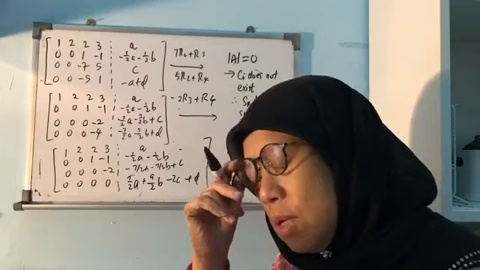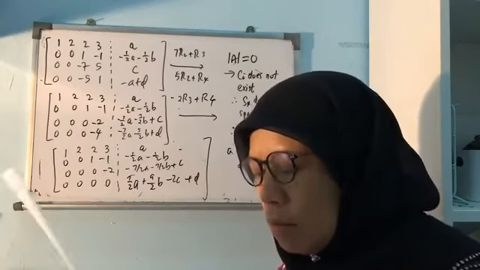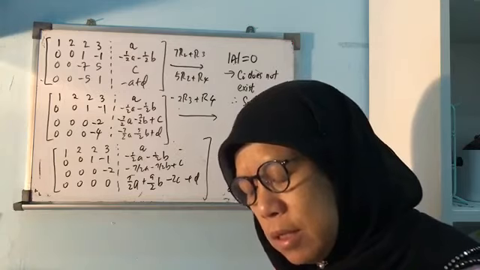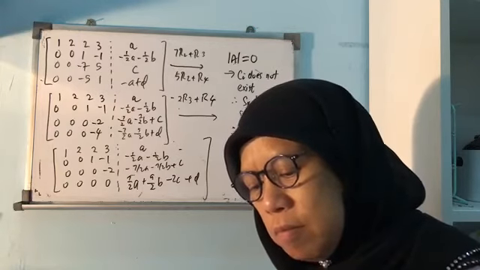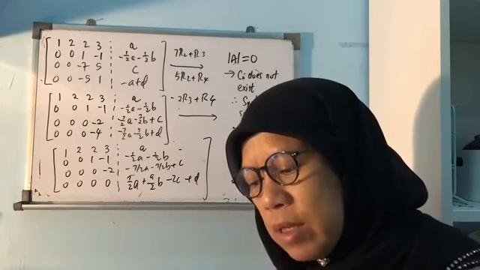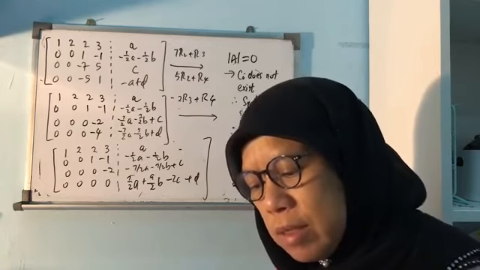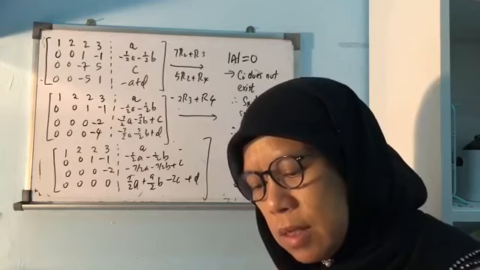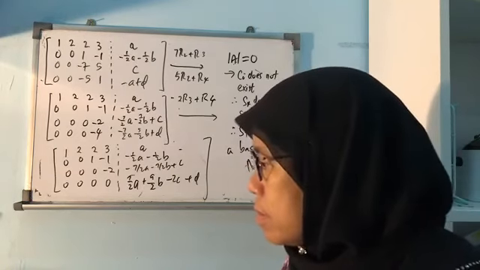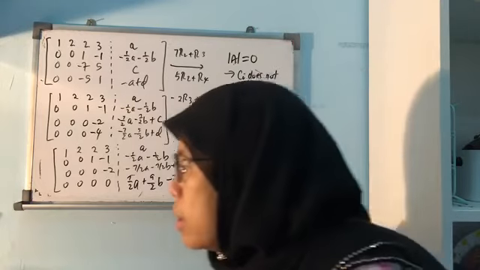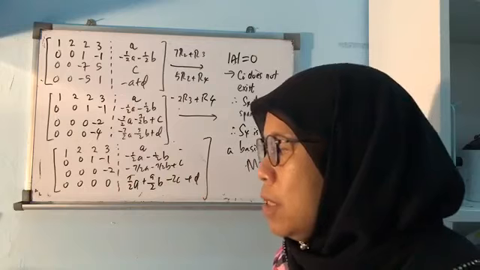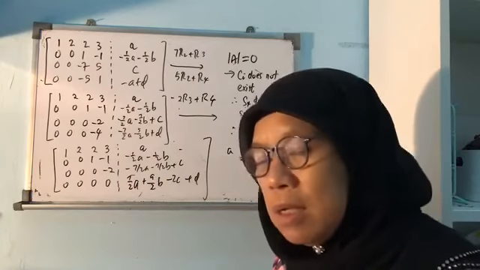Okay, for the last one, you are given the transition matrix. You have to find the vectors. Okay. Yes, true. Elementary row operation memang kena perform.